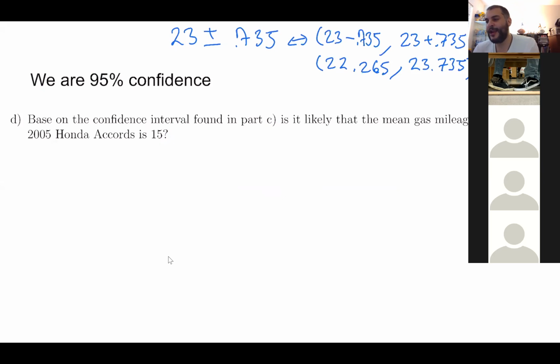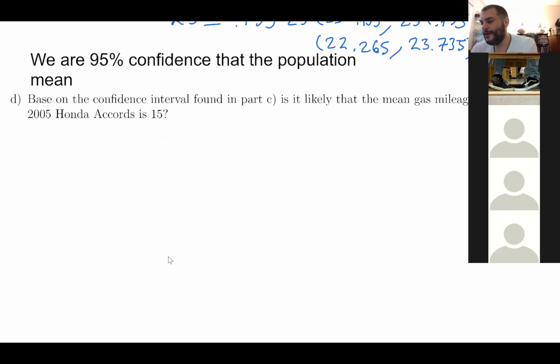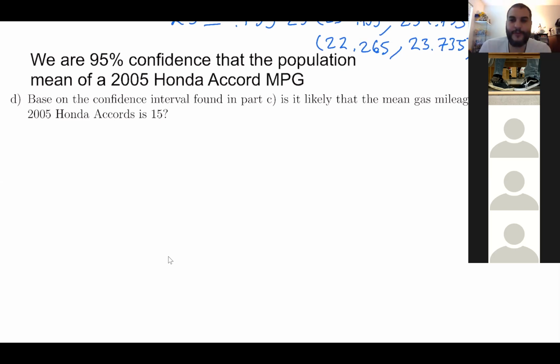So we're going to say we are 95% confident that the population mean of a 2005 Honda Accord MPG. MPG stands for miles per gallon. If you don't know what MPG stands for, it just stands for miles per gallon.